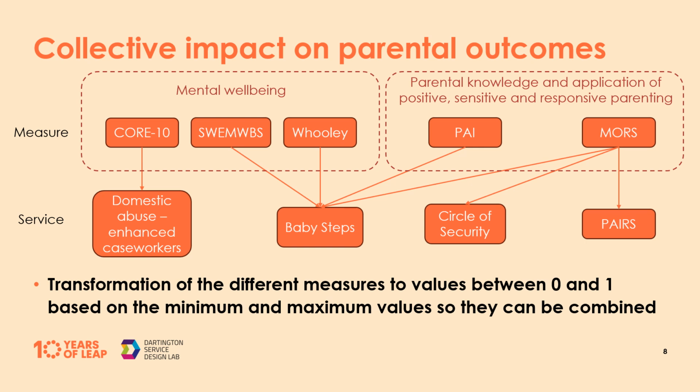For mental well-being, we were looking at combining three different measures: the CORE-10, the Clinical Outcome Routine Evaluation, the Short Warwick-Edinburgh Mental Wellbeing Scale, and the Hooley Depression Screening Tool. These three measures were being collected across two services, the Domestic Abuse Heart's Caseworkers Service and the Baby Steps Service.